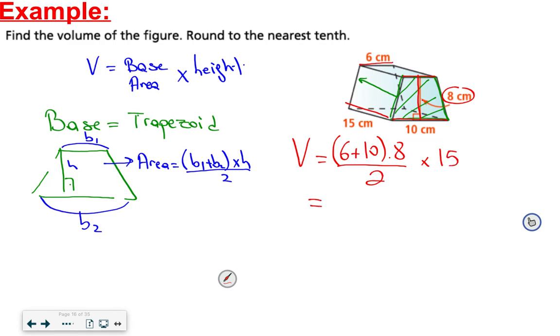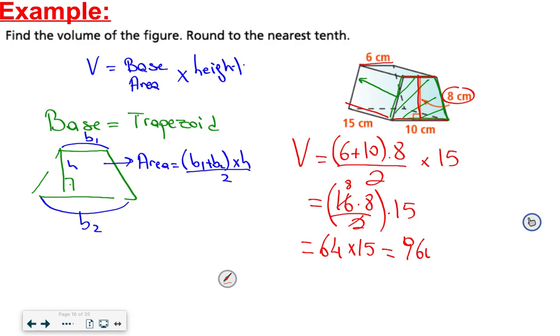From here, if you add them up, 16 times 8 over 2 times 15. From here, ladies and gentlemen, if you simplify this, you will get 64 times 15, which is equal to 960 cubic centimeters, the volume of this figure.